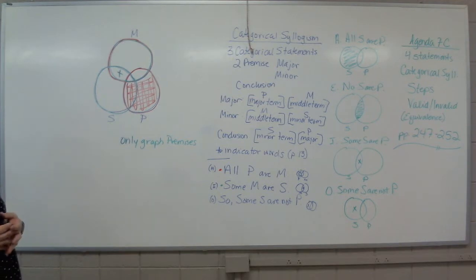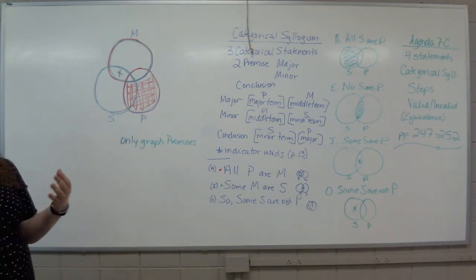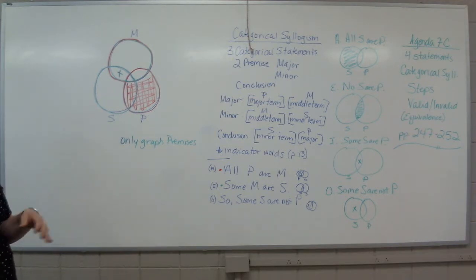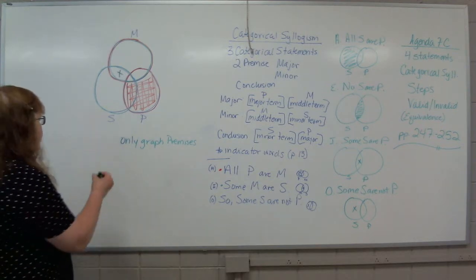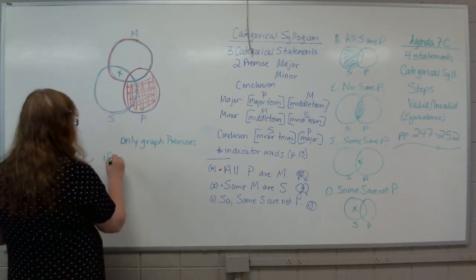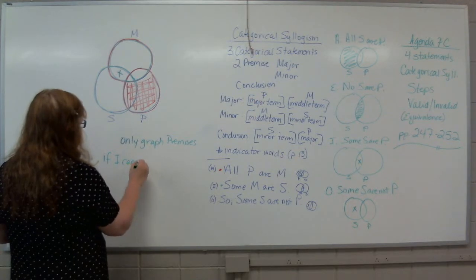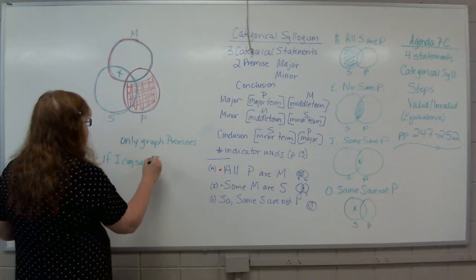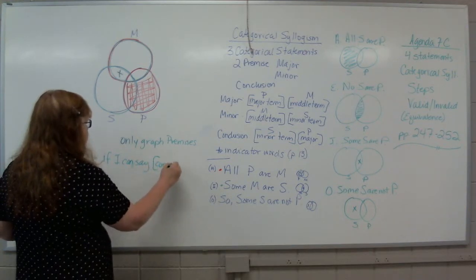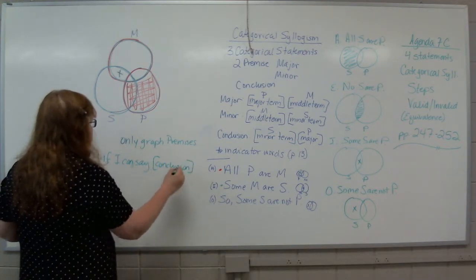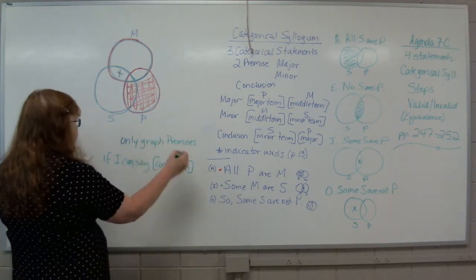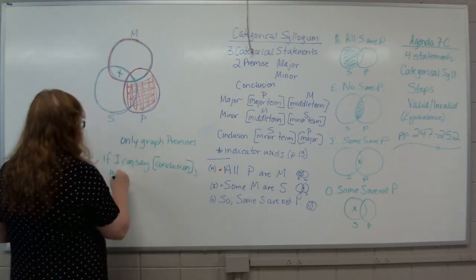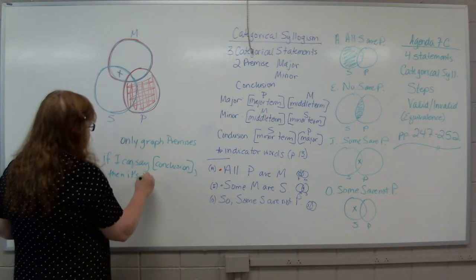How we decide whether this argument is valid or invalid is whether I can say the conclusion when I look at the graph. Then it's valid.